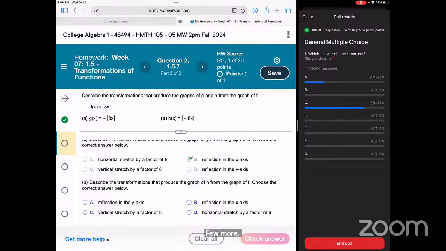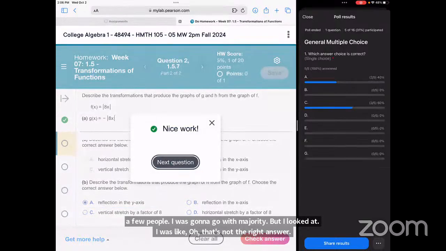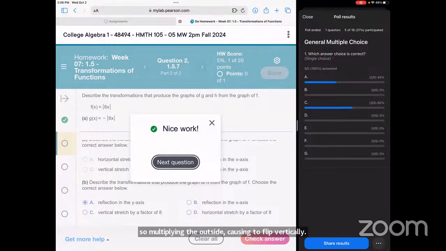Okay. So majority is saying C. Ooh, it's close. Let me think about it. C is not correct. Vertical stretch by a factor of 8, no. Reflect, yeah, it should be A, right? So I had a few people, I was going to go with the majority, but I looked at it and thought, oh, that's not the right answer. Right? So multiplying the outside causes it to flip vertically, multiplying the inside causes it to flip horizontally, right? Okay, that's fine.